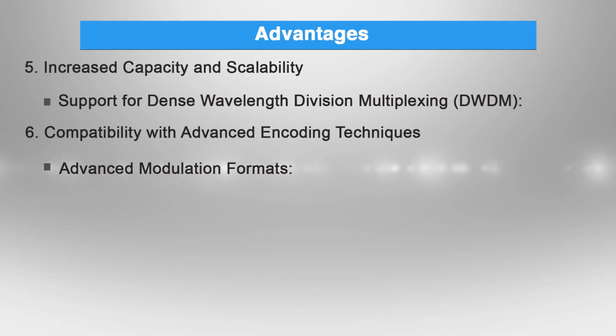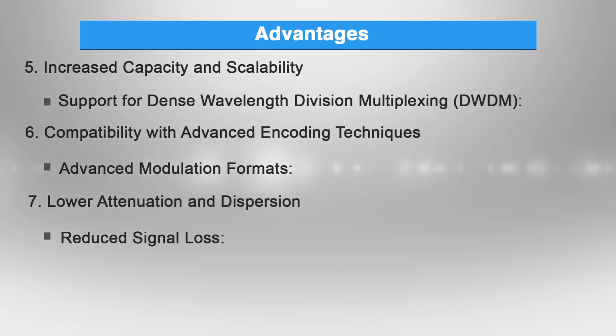The next advantage is compatibility with advanced encoding techniques, which means advanced modulation formats. Optical modulation supports advanced formats like quadrature amplitude modulation, QAM, and phase shift keying, PSK, which can encode more bits per symbol, thereby increasing data throughput.